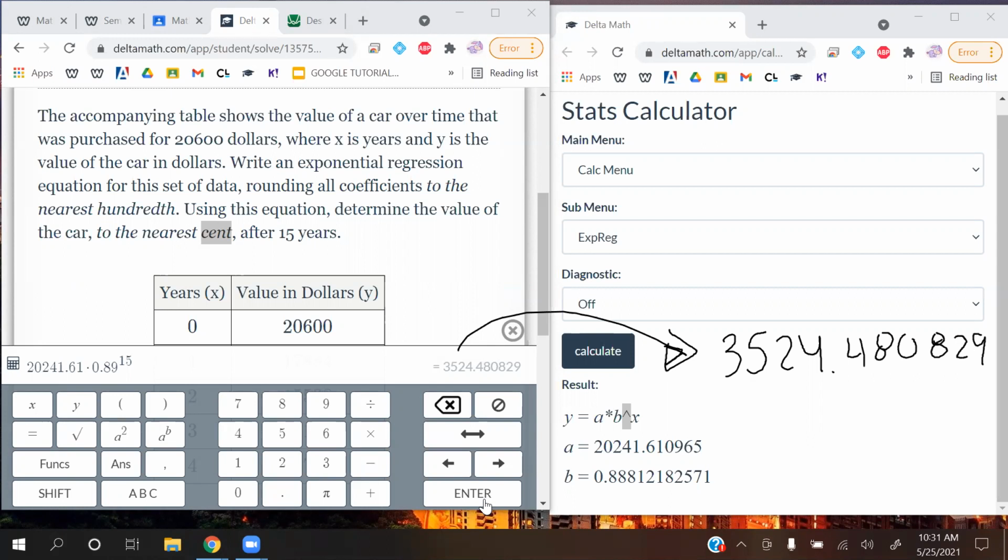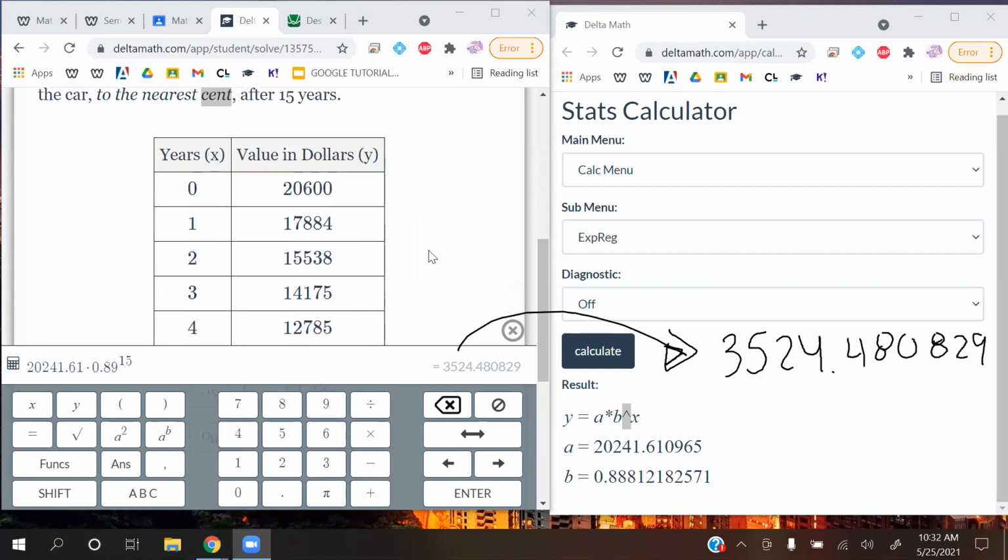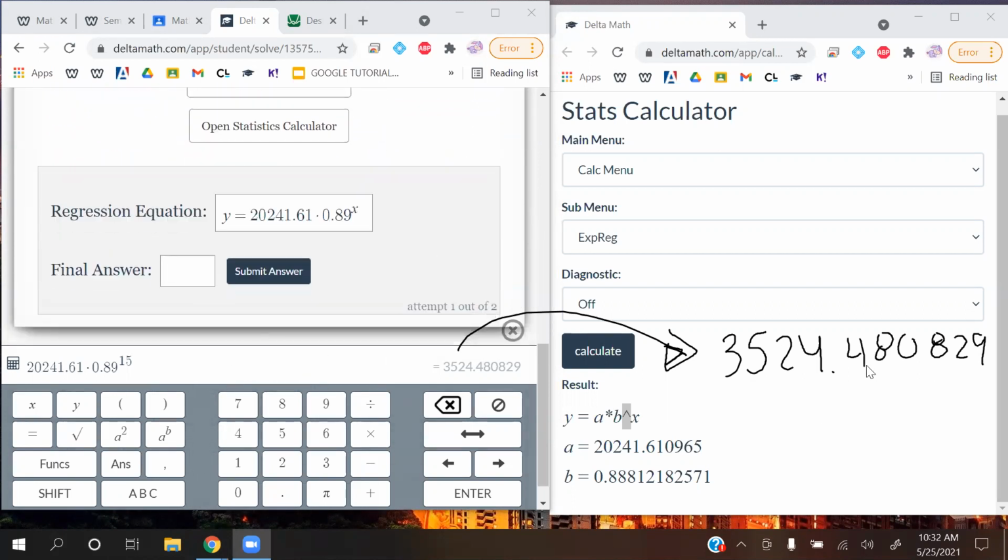I just copied the whole thing. Rounding it to the nearest cent. So we want 2 decimal places after this 8 is a 0. 0 is a small number, so the 8 stays as an 8. So it's 3524.48. And that is it. Are there any questions for this one?